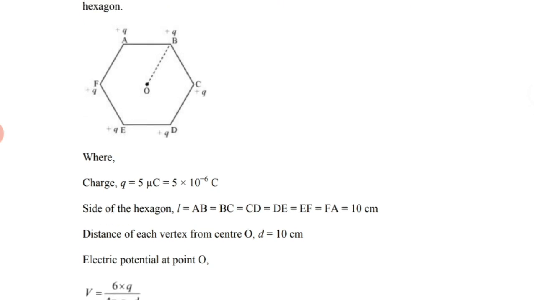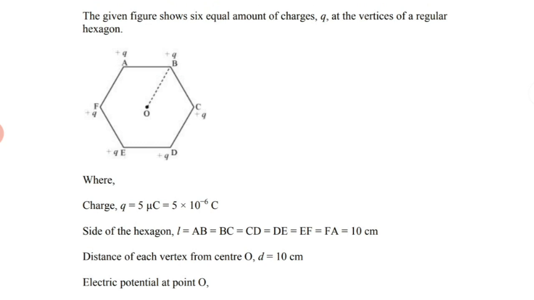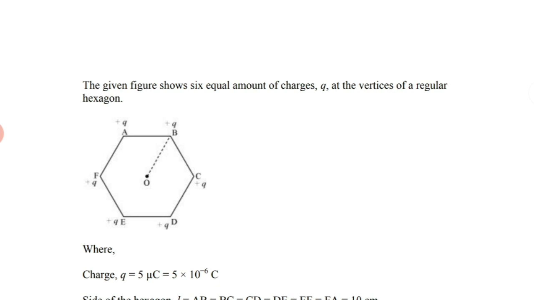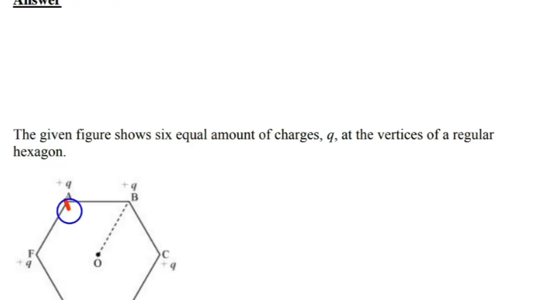Since it is a regular hexagon and the charges are at the vertices, and we are asked to find the potential at the center, the distance of each vertex from the center will be same. So our first step is to find that distance.